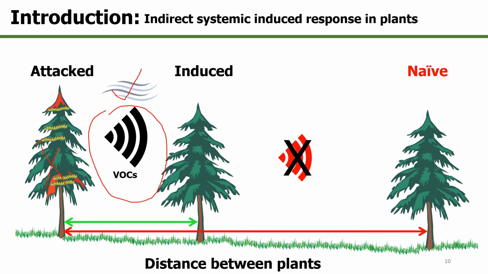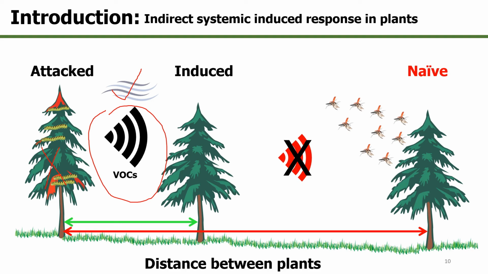Because these volatile organic molecules, or the secondary metabolites that we spoke about in our previous slide, function to carry the message from one tree to the other, logically, the tree that is closer to the attacked tree will be better prepared compared to the tree that is far away.